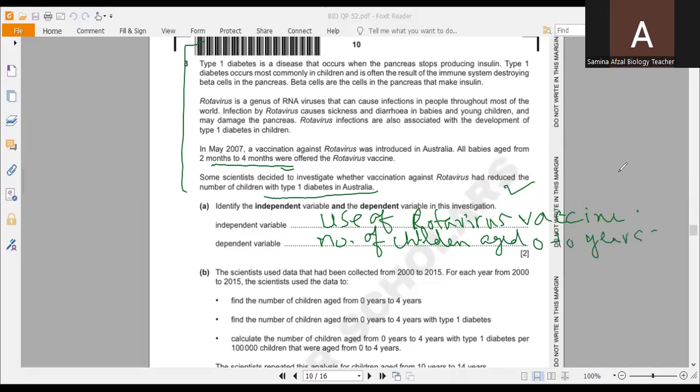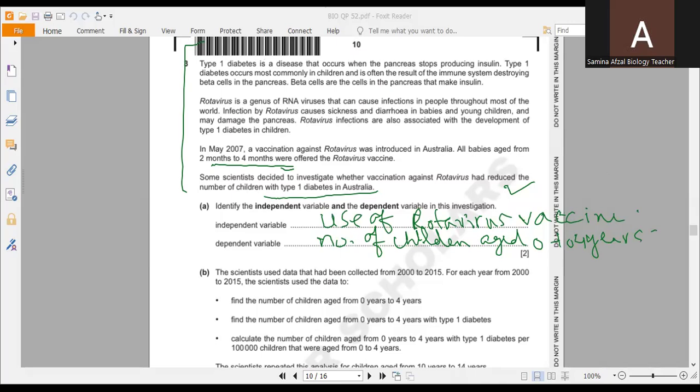So the independent variable is the use of rotavirus vaccination, and the dependent variable is the effect on the number of children aged from 0 to 4 years. So they will study this.